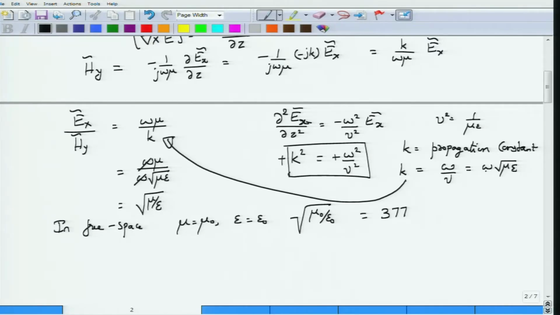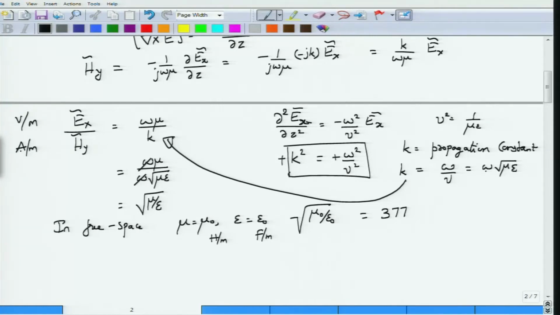Now mu 0 has units of henry per meter and epsilon 0 has units of farad per meter, and when you put in the ratio here, if you remember that E has units of volt per meter and H has units of ampere per meter, the ratio of these two should be volt per ampere, right.